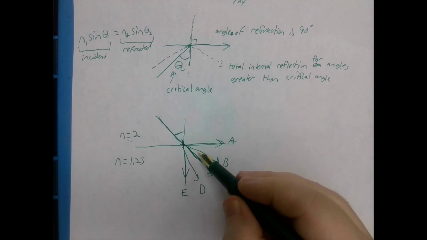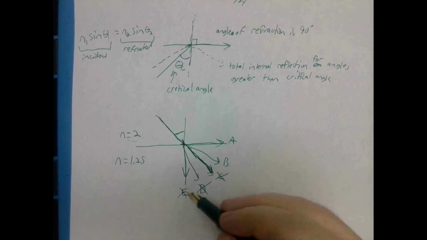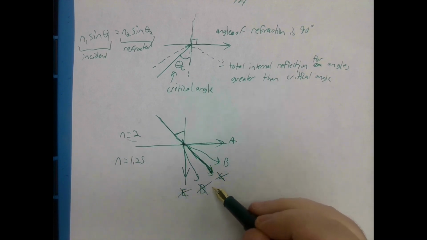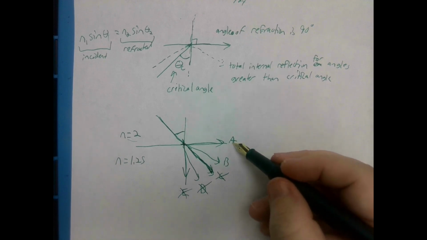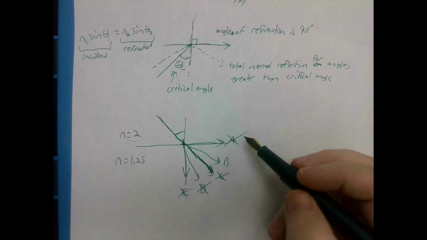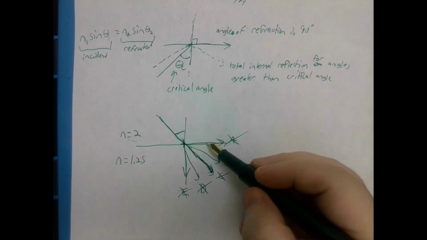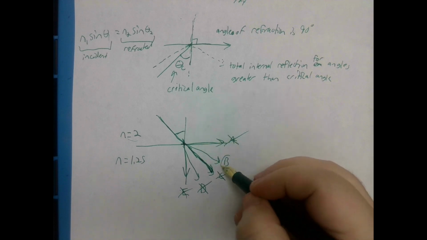The angle should decrease, so we can immediately rule out C, D, and E because D and E bend toward. C is a straight line, which means it has to be B or A. A is impossible, because it's not being refracted at all, it's just going parallel, which means B is the only answer.